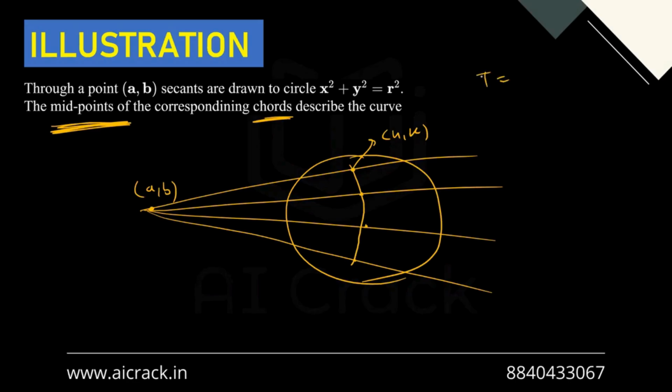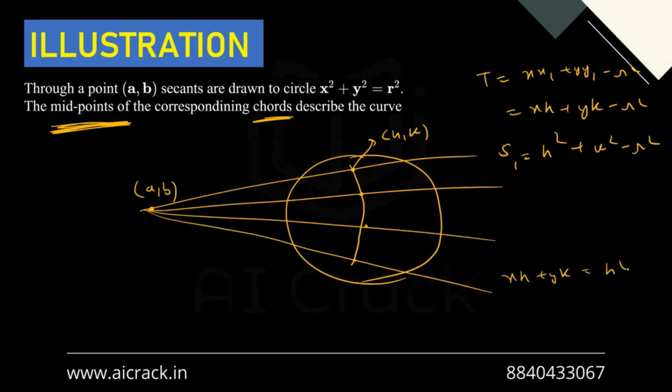For this circle, T would be x x1 + y y1 - r², that is xh + yk - r², and S1 would be h² + k² - r². If I equate both of them, I'll get xh + yk = h² + k².